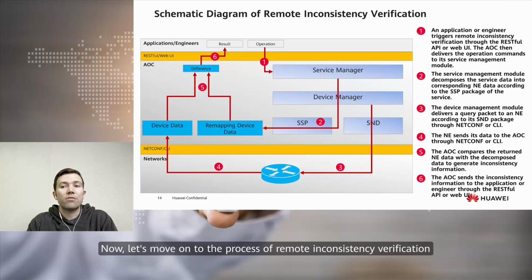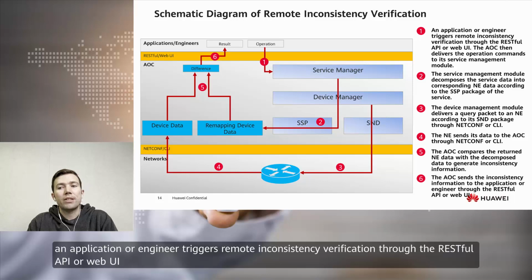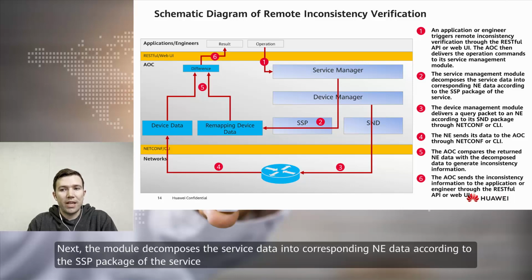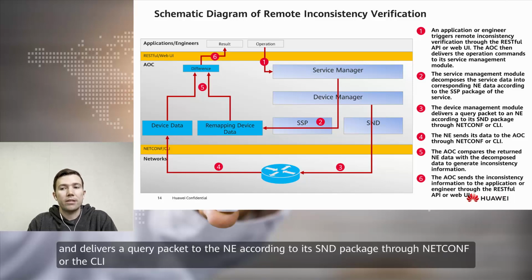Now let's move on to the process of remote inconsistency verification. Similar to the process of local inconsistency verification, an application or engineer triggers remote inconsistency verification through the RESTful API or Web UI. Then the AOC delivers the operation commands to its service management module. Next, the module decomposes the service data into corresponding NCE data according to the SSP package of the service and delivers a query packet to the NCE according to its SND package through netconf or the CLI.